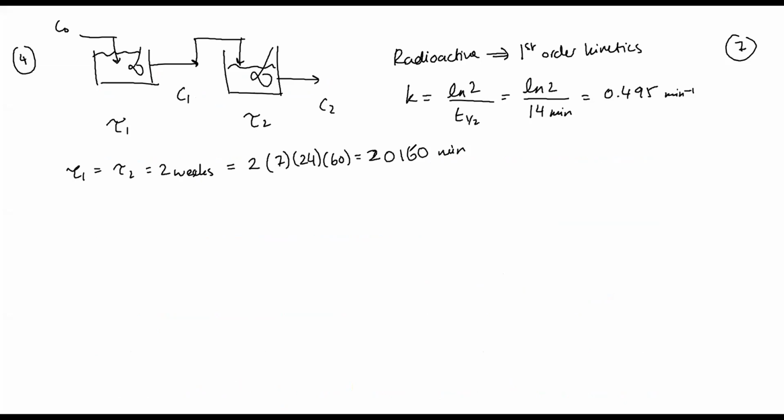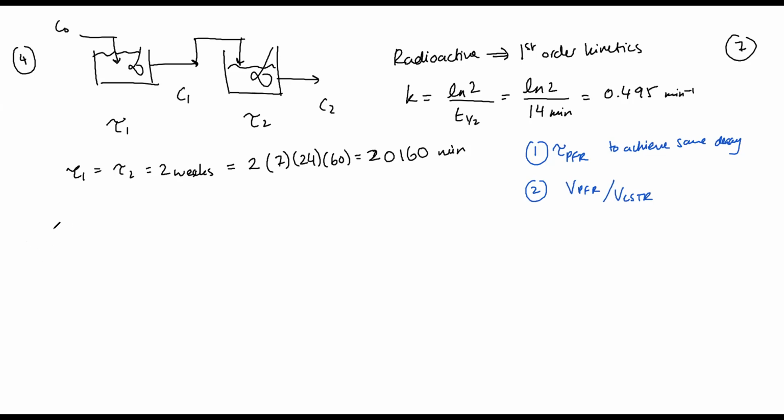I need to find tau PFR for the same decay, and volume PFR over volume CSTR. So this is very similar to the previous problem, right? We're comparing CSTRs in series versus a PFR. And because the residence time is the same, we can say that they're equally sized or very similarly sized.